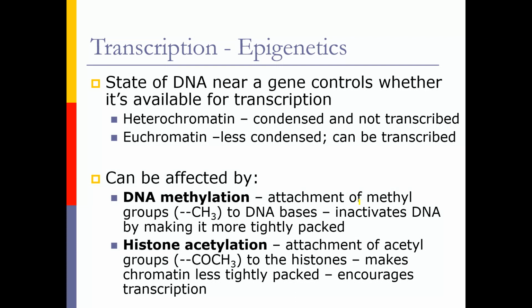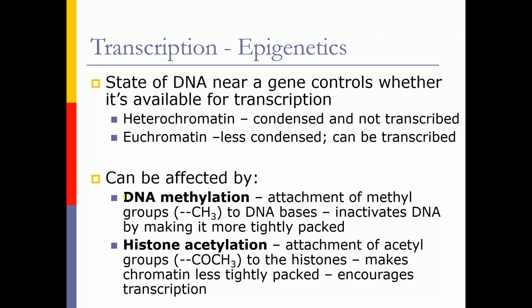Now, because that DNA is tightly packed, even in the chromatin form, sometimes if it's too tightly packed, we can't actually get in there and copy it. Those proteins that are needed for replication, the DNA is essentially hidden. It can't be exposed to copy. And so one way that we can affect gene expression is by the state of DNA.